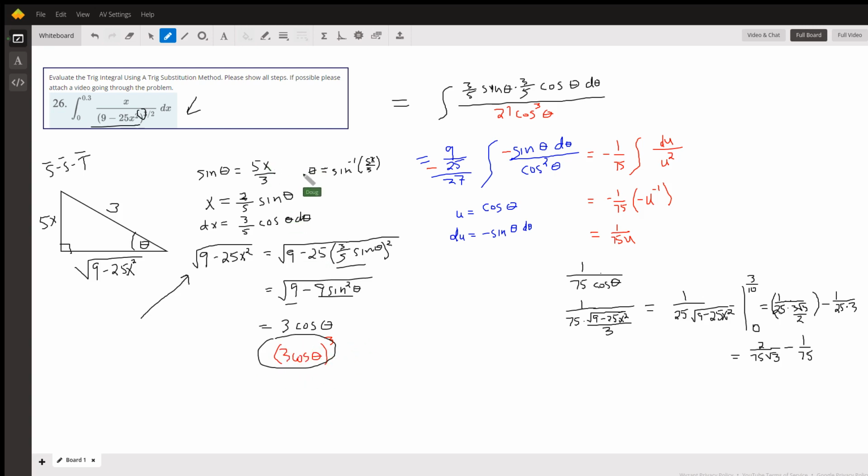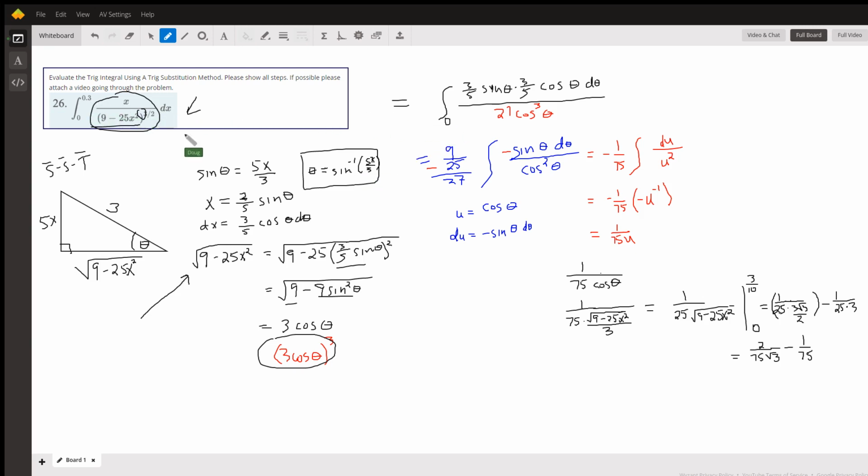You could solve for theta here by saying theta equals the inverse sine of 5x over 3, and then you could replace the limits of integration as you go through the substitutions. But for this video, I will take us all the way back to the antiderivative of this thing. For example here, when x is 0, the angle that has a sine of 0 is still 0.